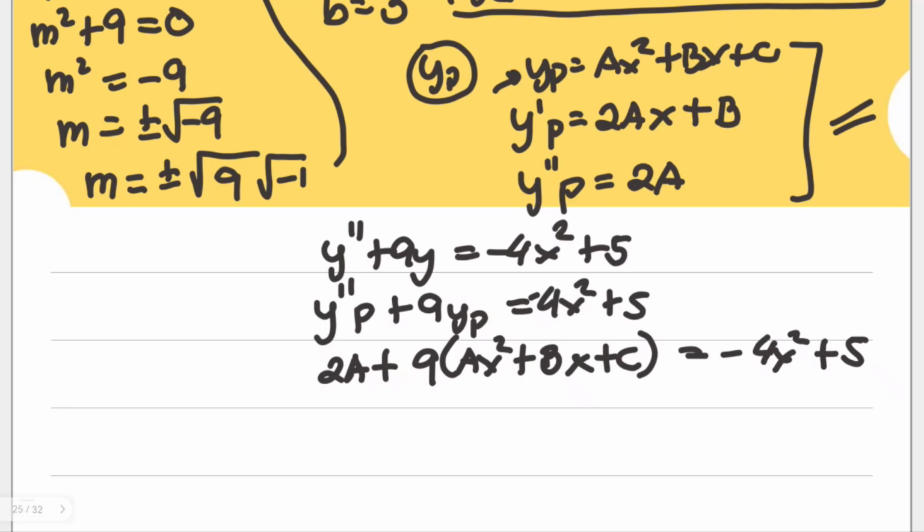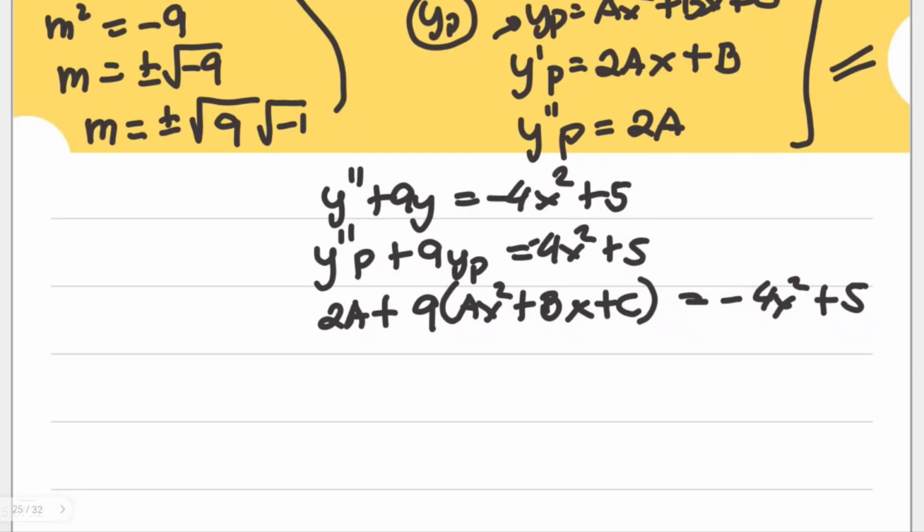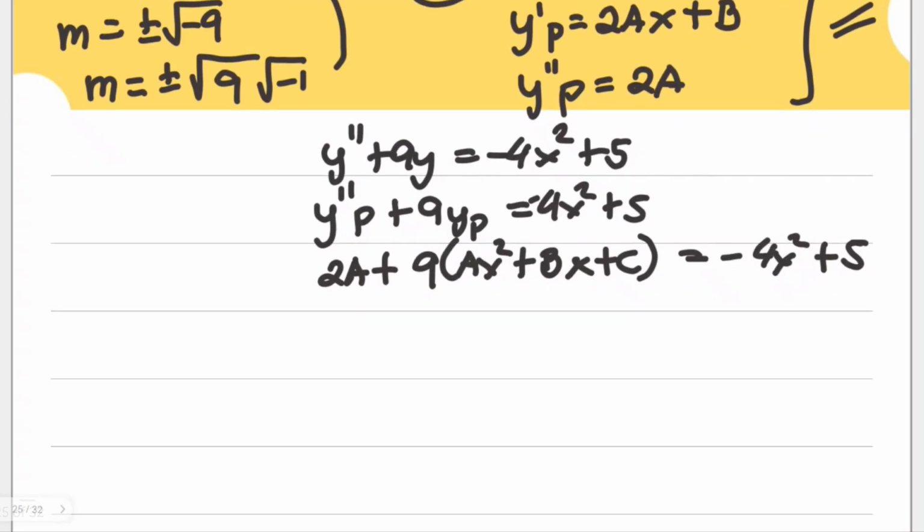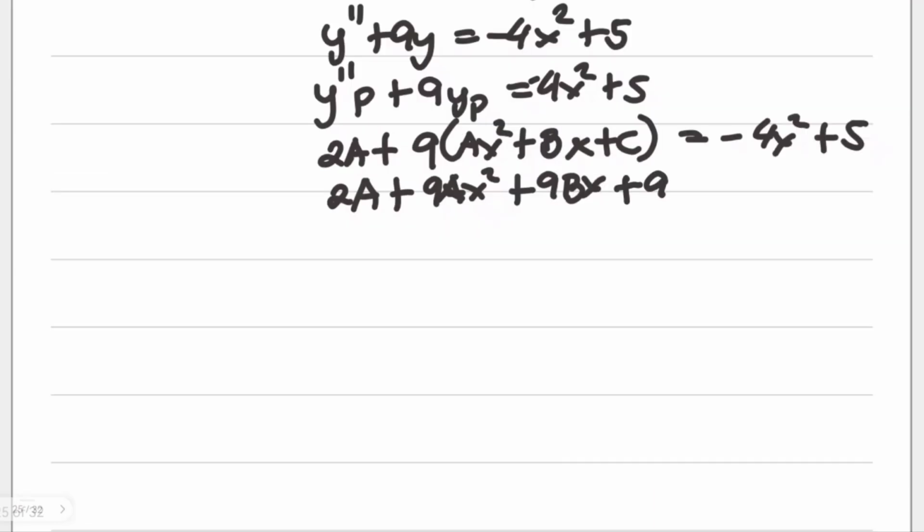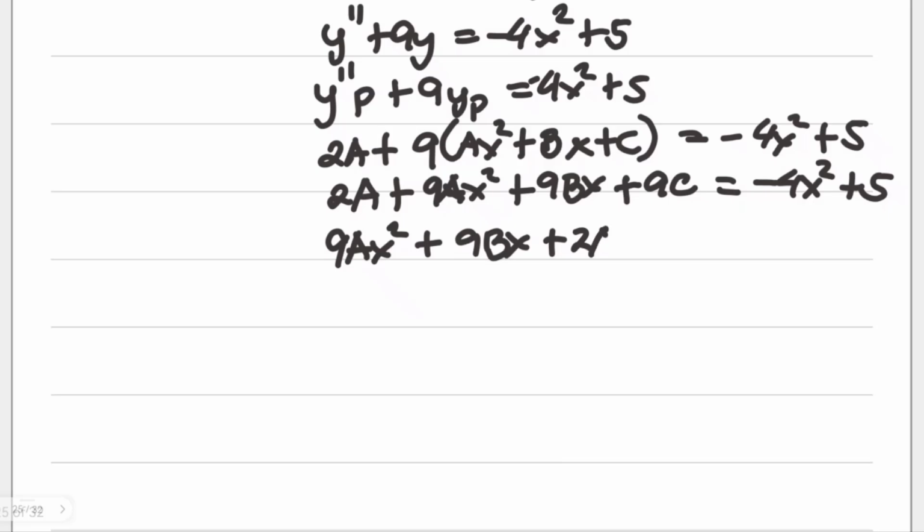We just need to simplify the left-hand side for further process later. So you have 2a plus 9ax squared plus 9bx plus 9c is equal to minus 4x squared plus 5. Then, rearranging the terms, 9ax squared plus 9bx plus 2a plus 9c is equal to minus 4x squared plus 5.